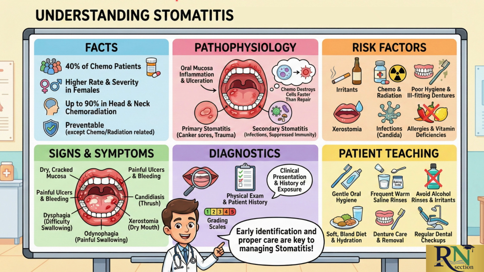It is a preventable disease process except when related to radiation and chemotherapy. We have here the pathophysiology. Stomatitis or oral mucositis is an inflammatory condition affecting the oral mucosa, dentition, and the periosteum.